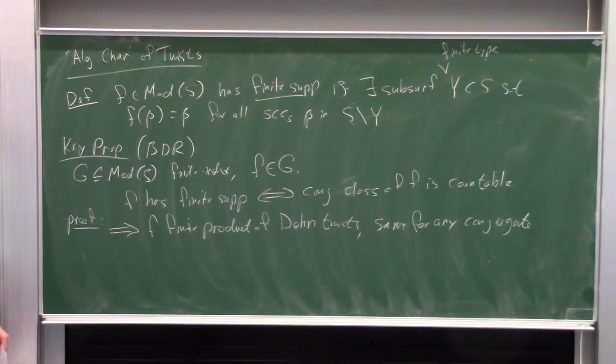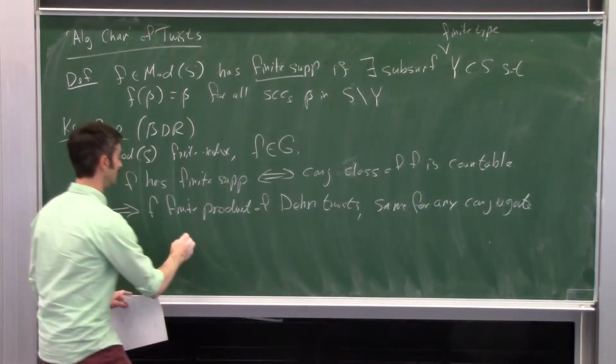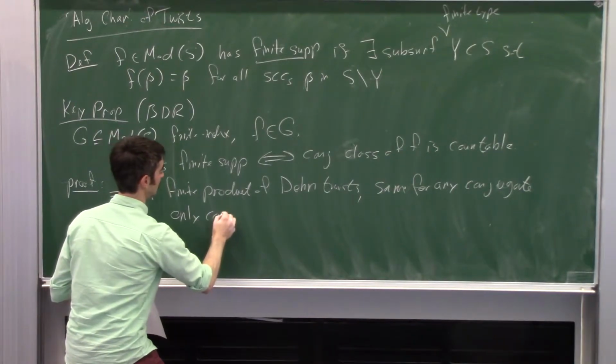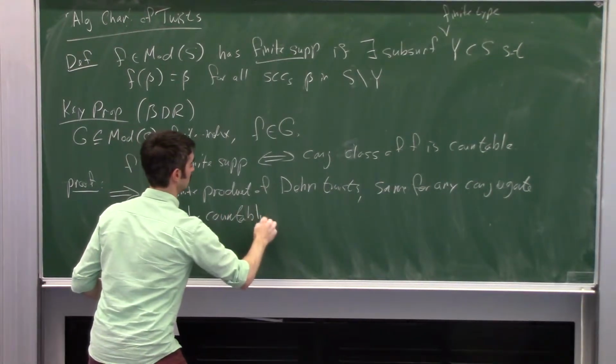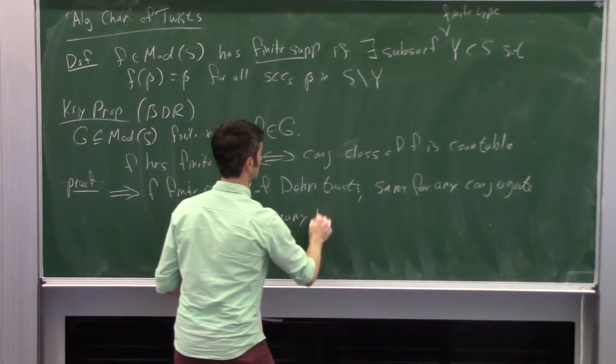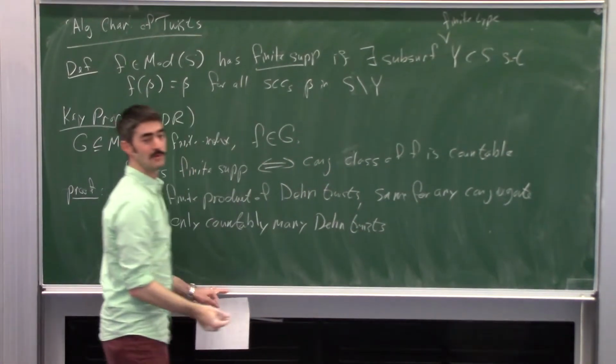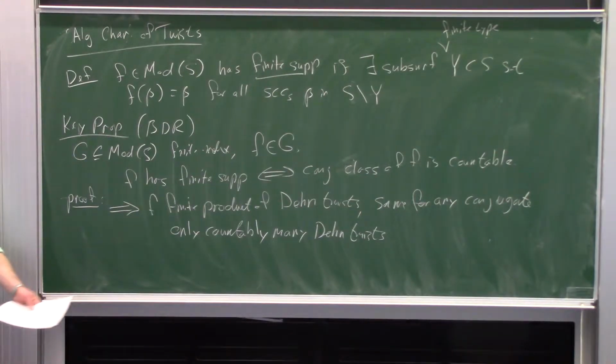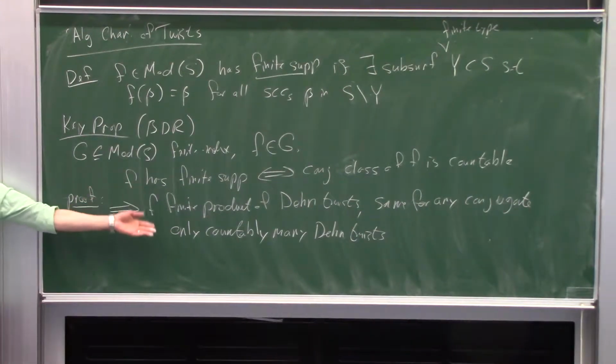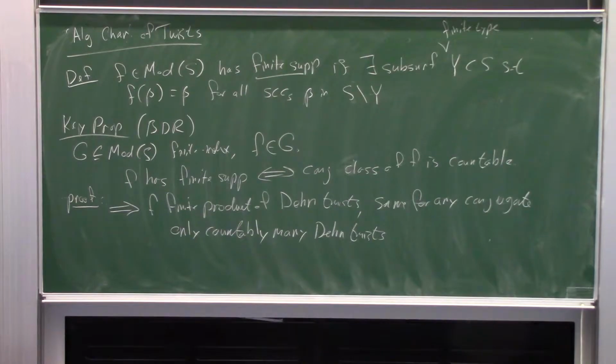Okay, there's only countably many Dehn twists, there's only countably many finite products of Dehn twists, and everything in the conjugacy class is one of them. Okay, so the conjugacy class is countable. Great. Okay, so let's do the other direction.